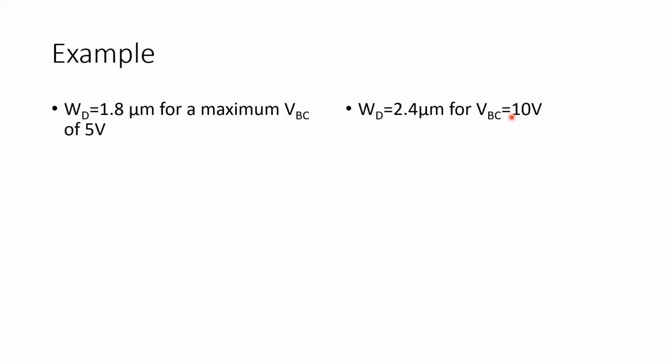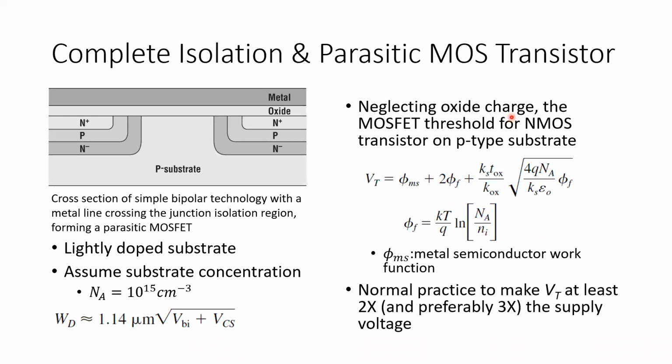The depletion is on both sides, so it should be doubled. This gives the idea of junction isolation: it is based on a reverse bias PN junction with a depletion width and no current flow, so it automatically disconnects or isolates the two devices.